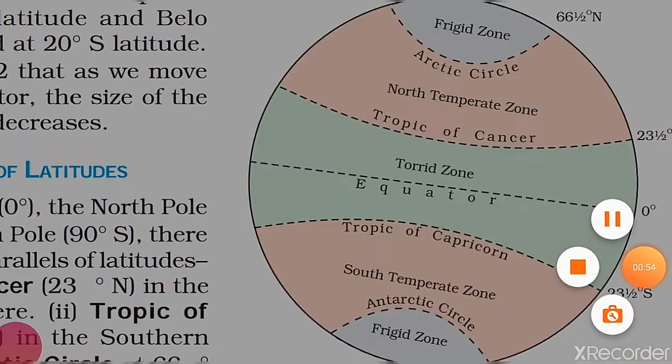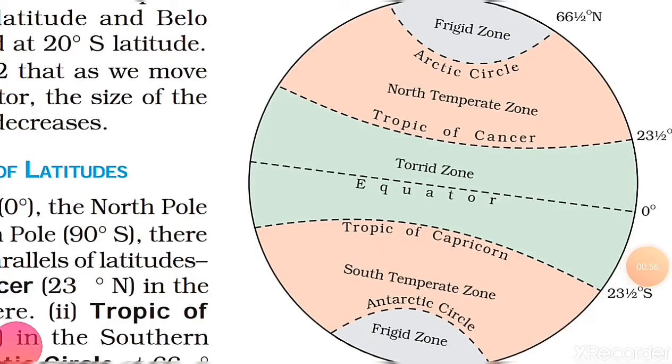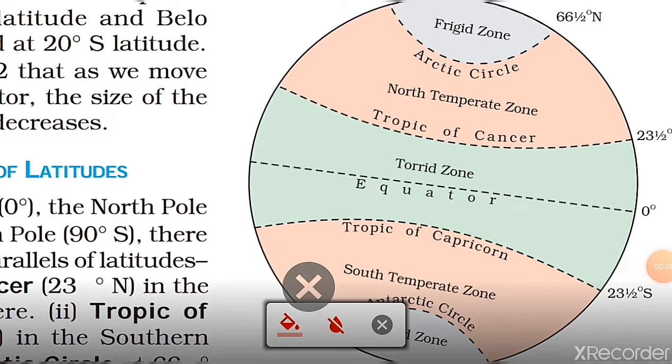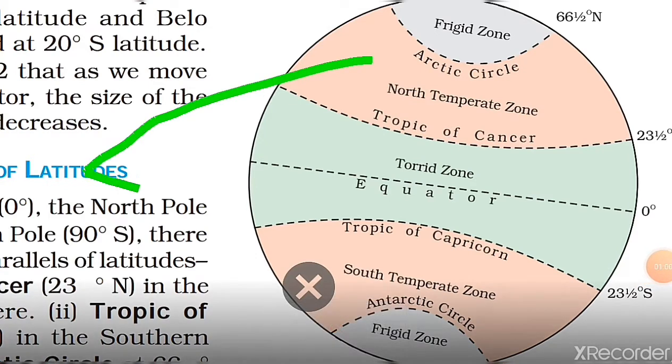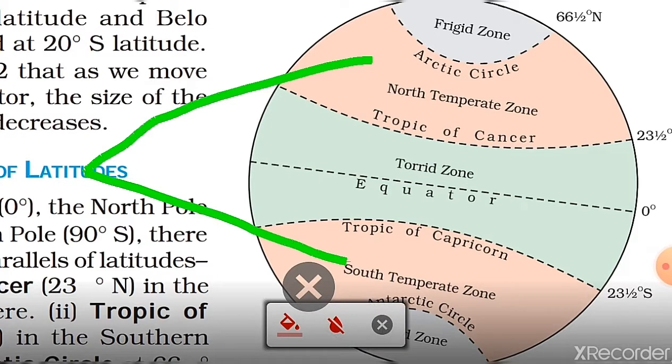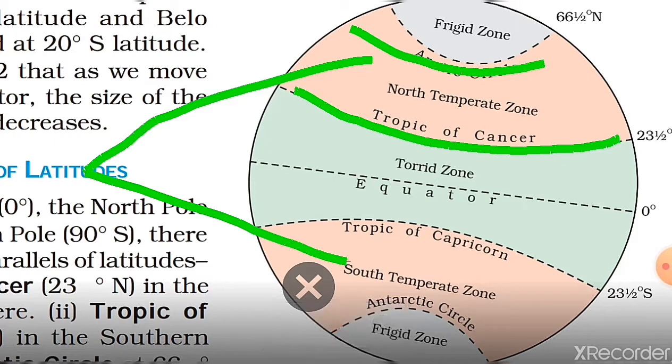Now there are two temperate zones, the north temperate zone and the south temperate zone. The north temperate zone you will see in the northern hemisphere between the Arctic Circle and the Tropic of Cancer.